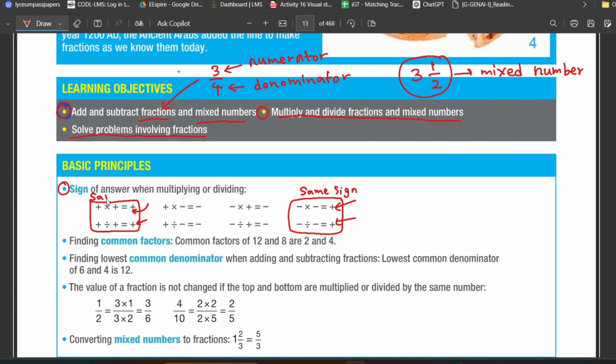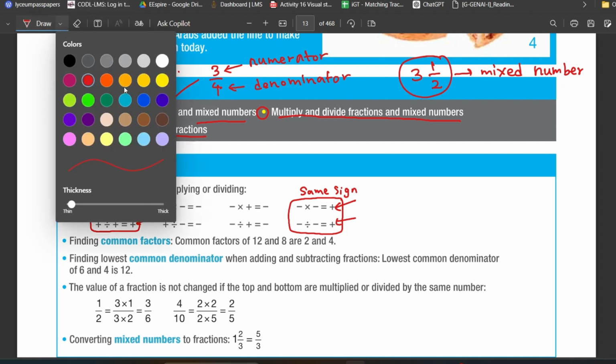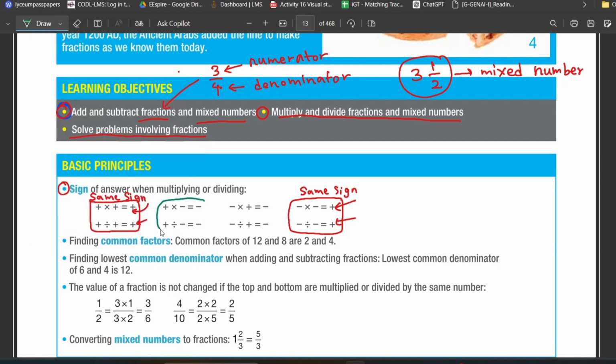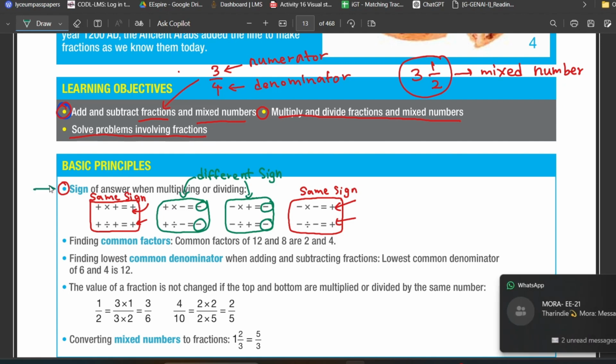This one is also the same sign, and these are different signs. Multiplication and division of different signs results in minus. You can see these are plus, these are minus. That was in previous grades.